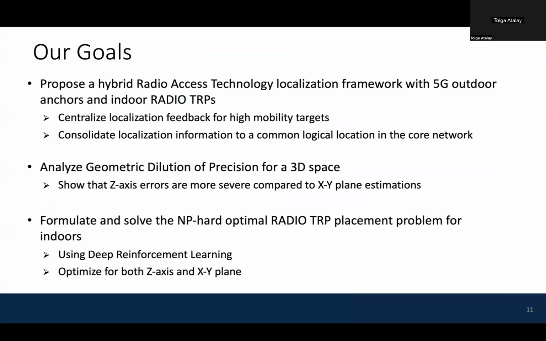Then we want to analyze this geometric dilution of precision for this 3D space to show that these z-axis errors are more severe compared to XY plane estimations. And then our ultimate goal is to formulate and solve this optimization problem for placing these TRPs using deep reinforcement learning to optimize for both z-axis and XY plane placement.